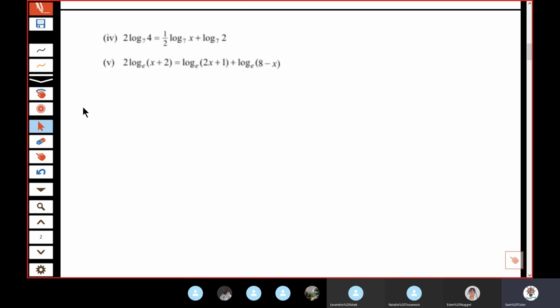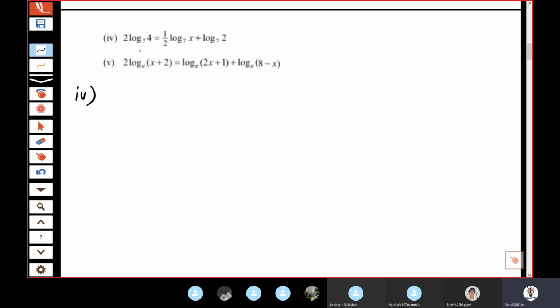Again, have a read of it. What would you do with this one? 2 log 7 of 4. I can tell you a trick that helps with this question. If they're all subbases of 7, aren't they all going to have a fraction of log 7?